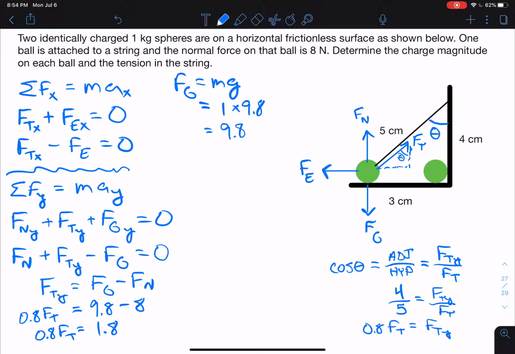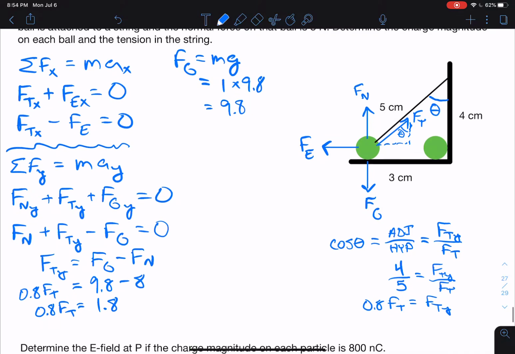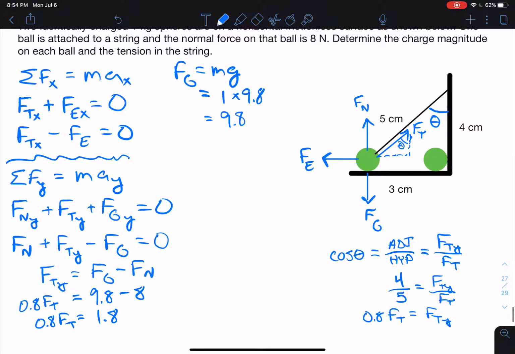And because I've done all that, now I can solve for FT.